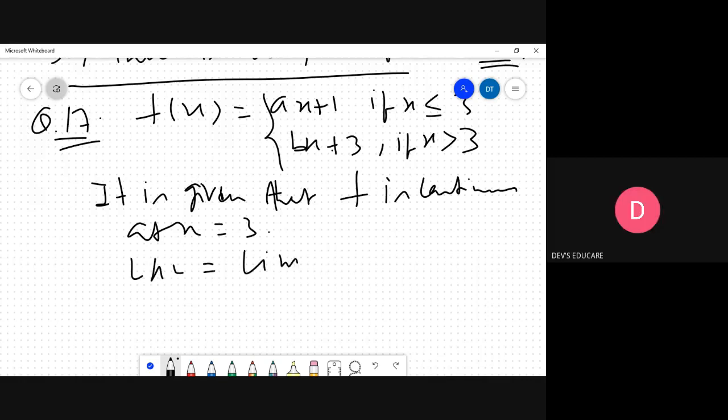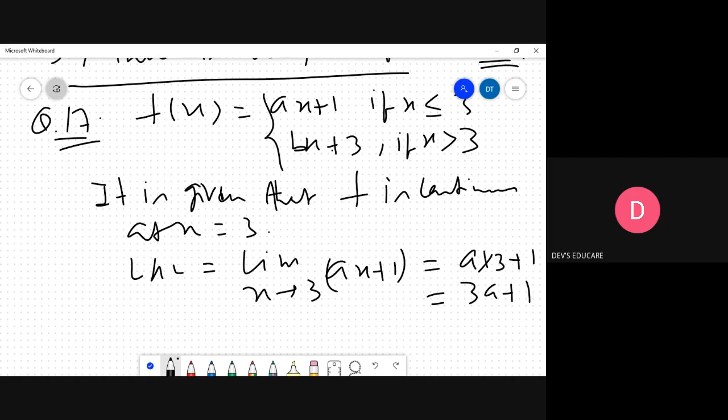Limit x tends to 3 minus f(x) equals ax plus 1, which is a into 3 plus 1, which is 3a plus 1.